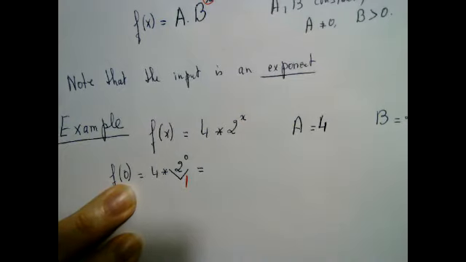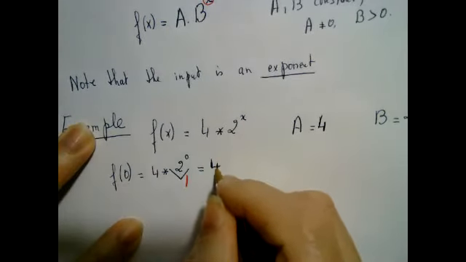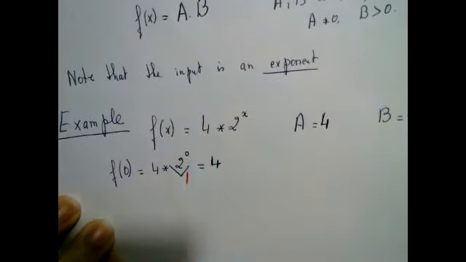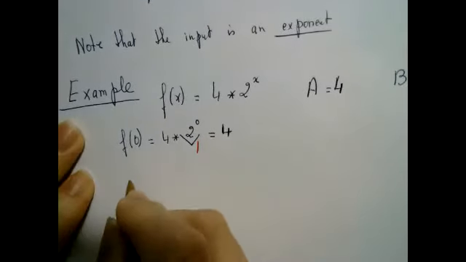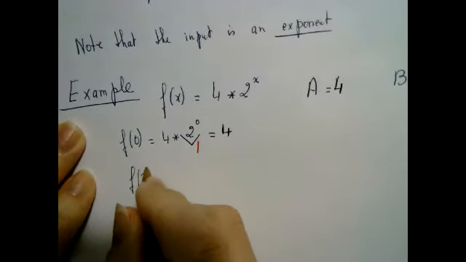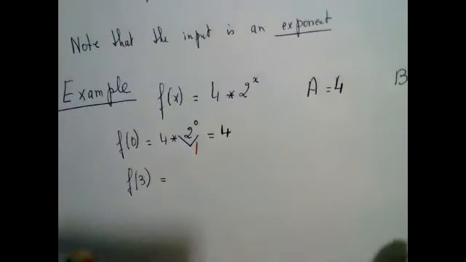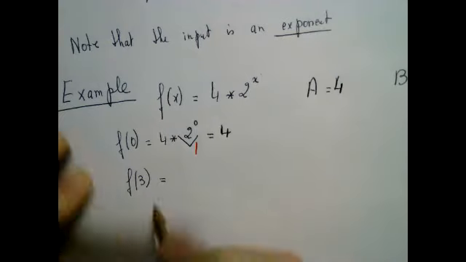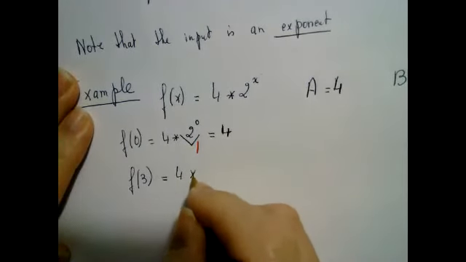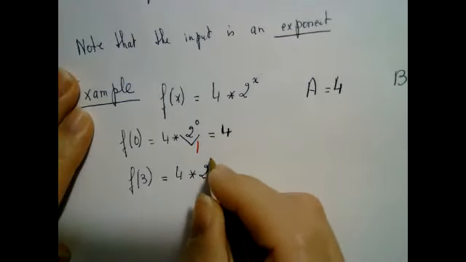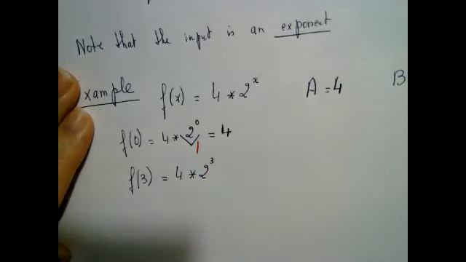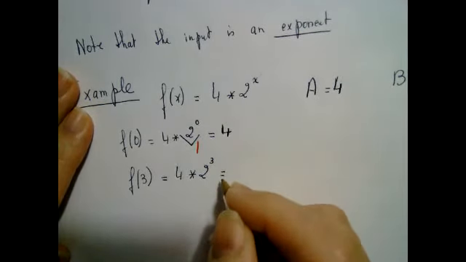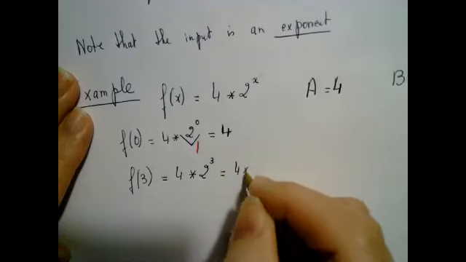So this is equal to 4 times 1, which is 4. Now I would like to practice this notation a little bit. What is f of 3? It means x takes the value 3. It's 4 times 2 to the power 3. It means 4 times 8, which is 32.